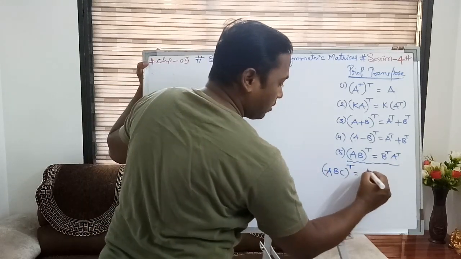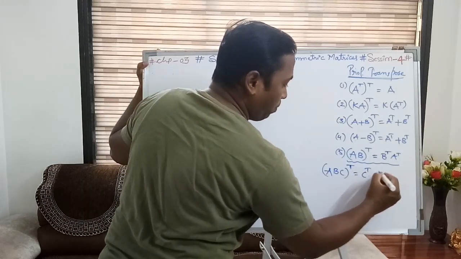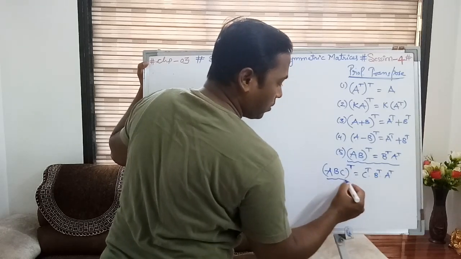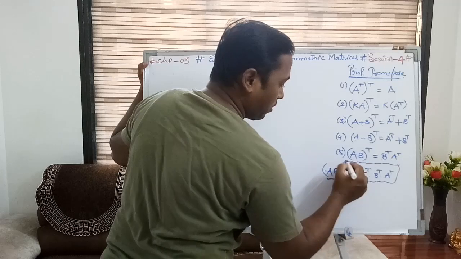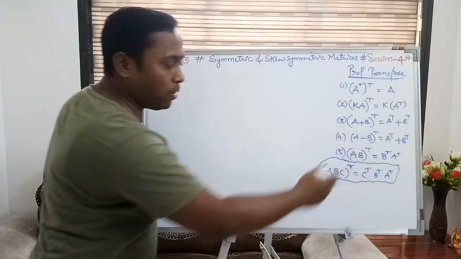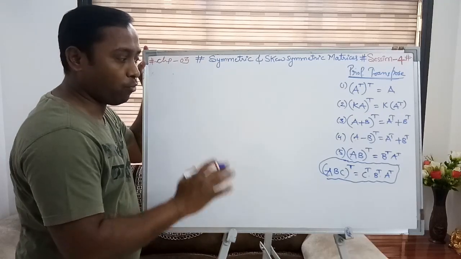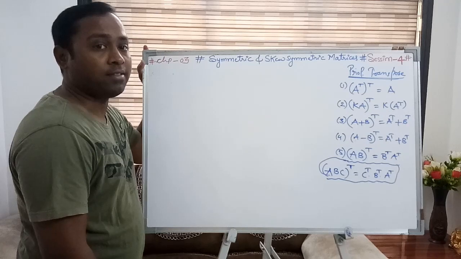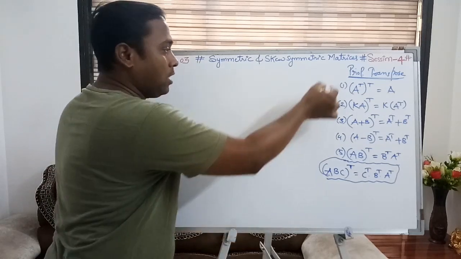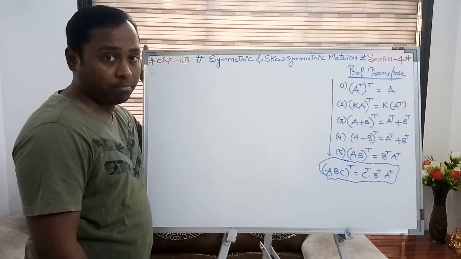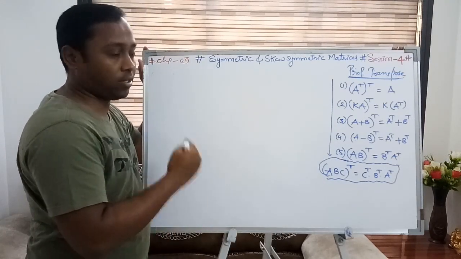It means C transpose into B transpose into A transpose. Remember, this is a generalized statement. You may apply it for n number of matrices where the product exists, where multiplication exists. So these are the most important 5 properties you need to remember to discuss further.